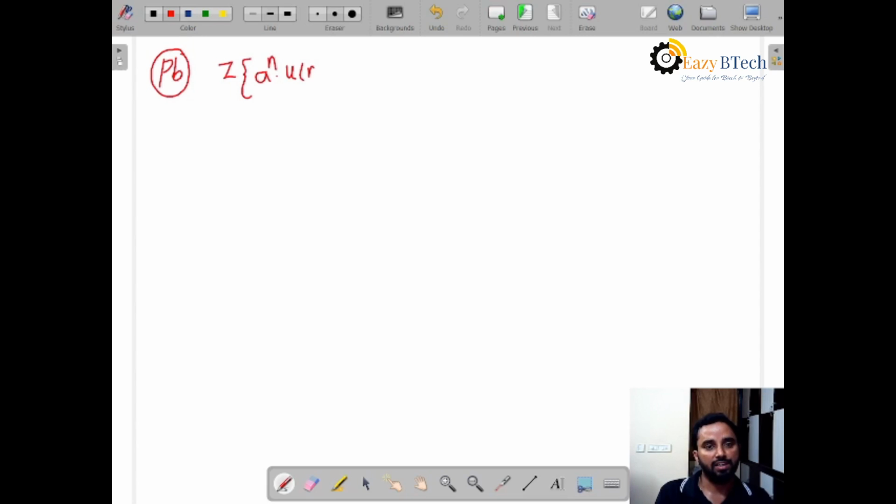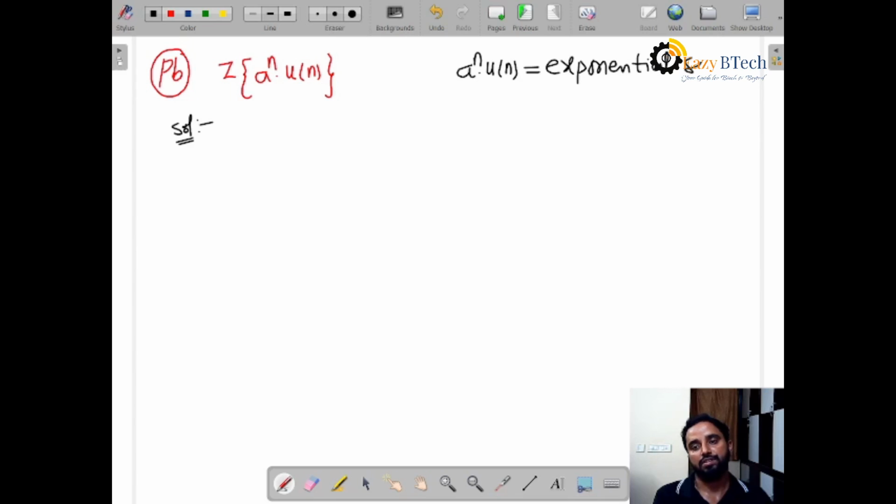This is the signal given, and he wants the Z transform of a power n u of n. We can do it easily. The solution is: a power n u of n is called an exponential sequence, a real exponential sequence.